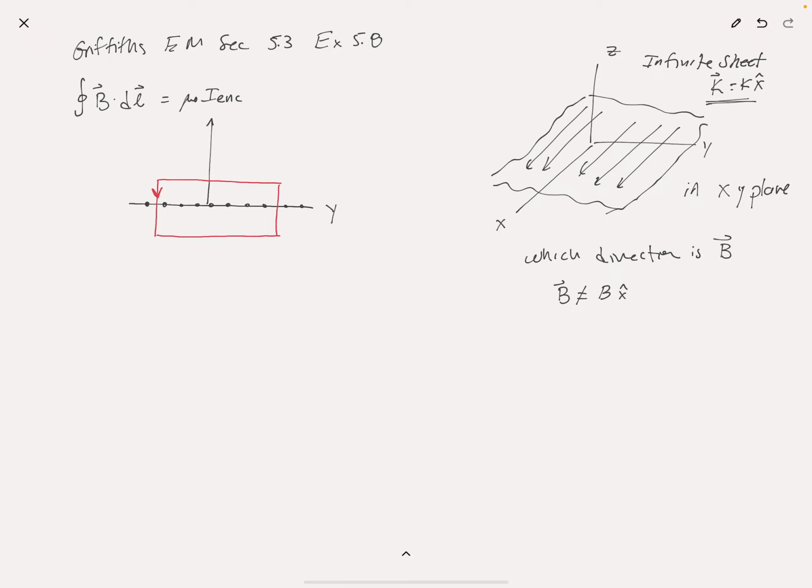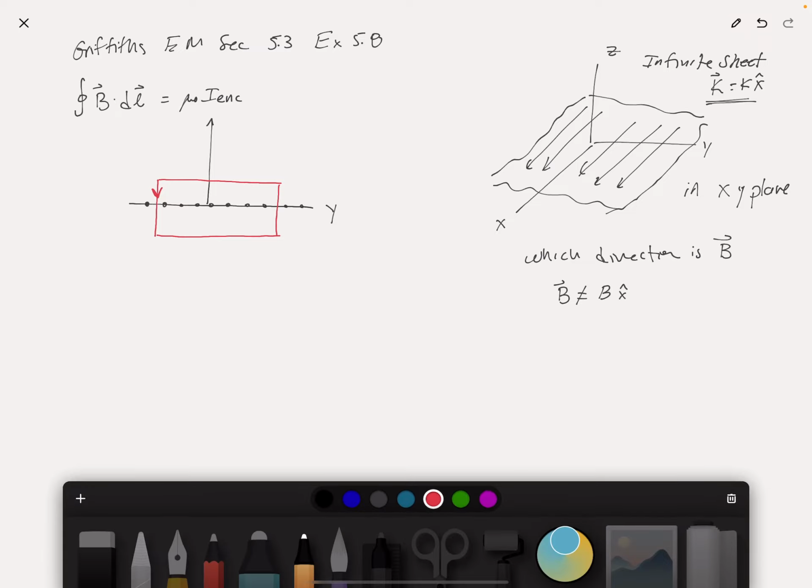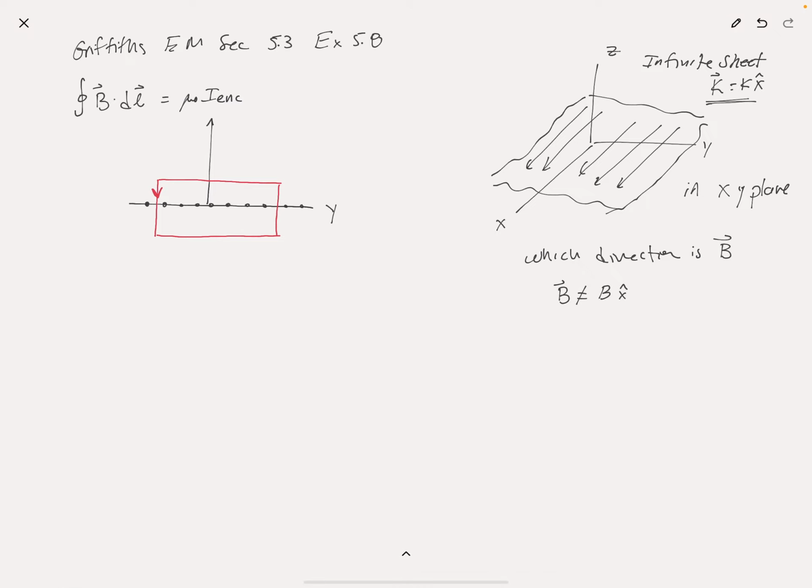So this is our Amperian loop, and now our job is to calculate both sides of Ampere's law.